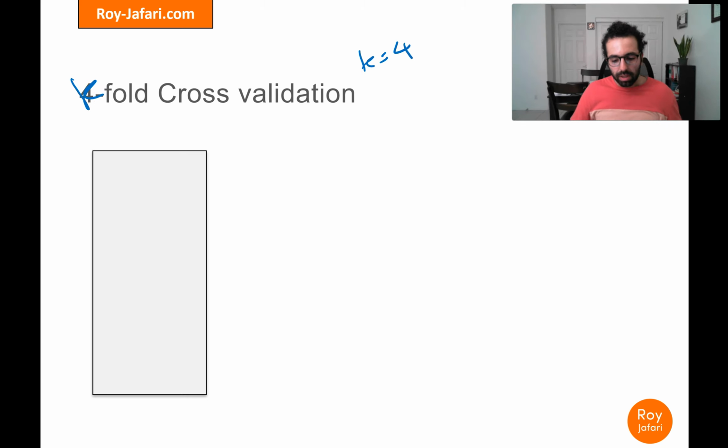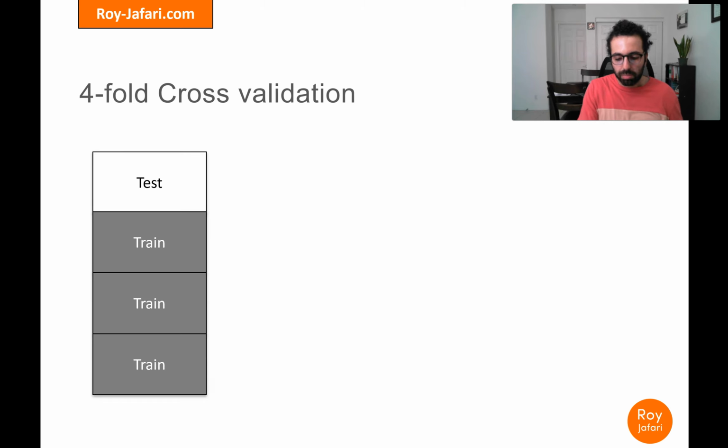We separate the data into 4 equal segments, and then we give each of the segments an opportunity to be a test set. We start from the first one. We use the other 3 collectively as a train set, and this one is a test set, and we calculate the performance on the test set.